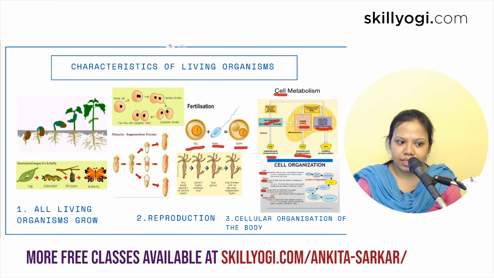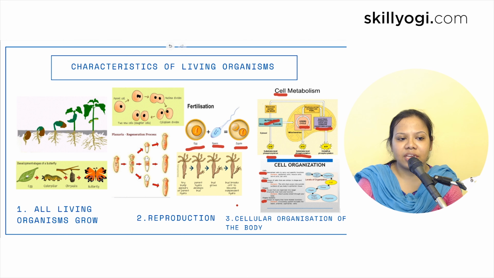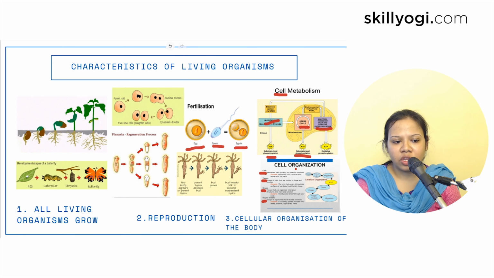And when multiple organs come together they form organ systems like the digestive system, reproductive system, respiratory system. In all these systems, various types of organs, tissues and cells are present. But in non-living things, this cellular organization is not present. So we can distinguish in this way the living things from the non-living things.